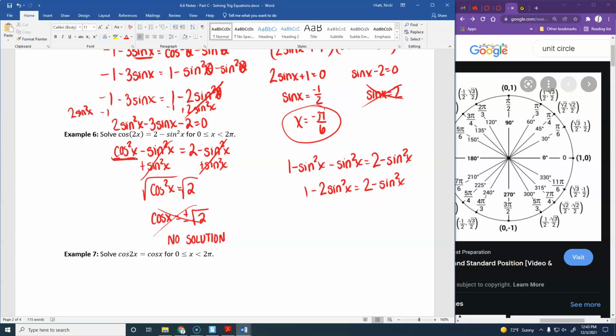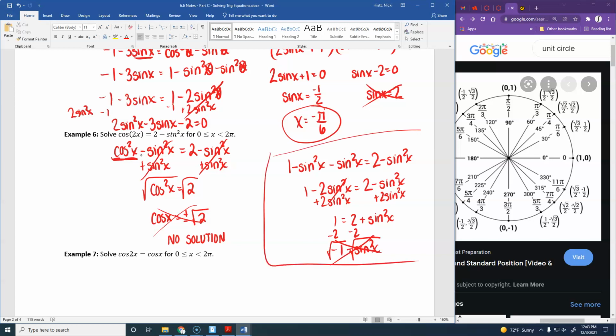In this case, since both of my sines are squared, I could add my sine squared x here. Yeah, it's going to work. Or not work, I should say. So I got 1 equals 2 plus sine squared x. If I subtract my 2 here, I got negative 1 equals sine squared x. And then I got to square root both sides. And can we take the square root of a negative? No. So that tells you also no solution. So that's just an alternate way of solving right there, but it would work.